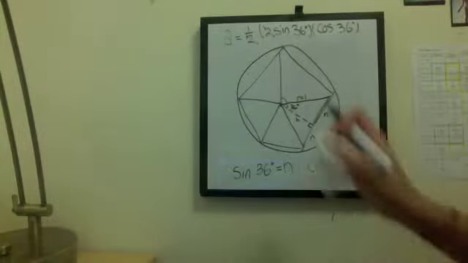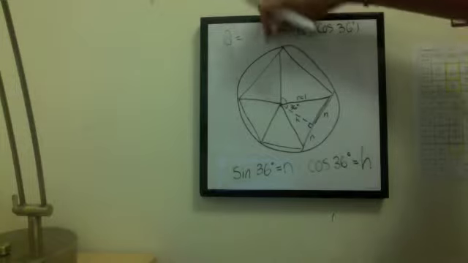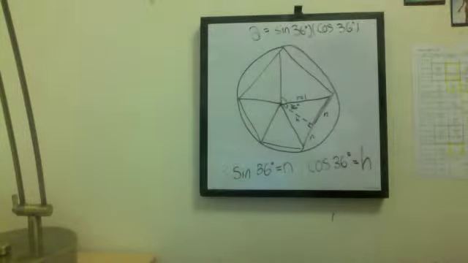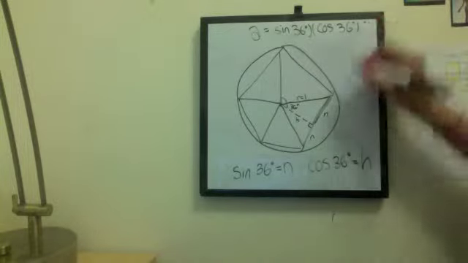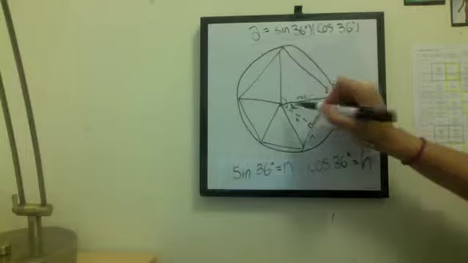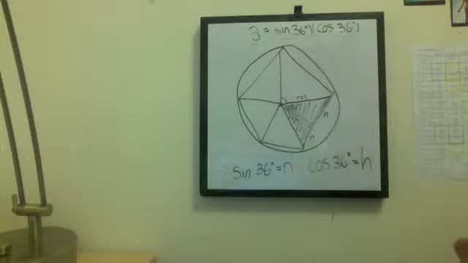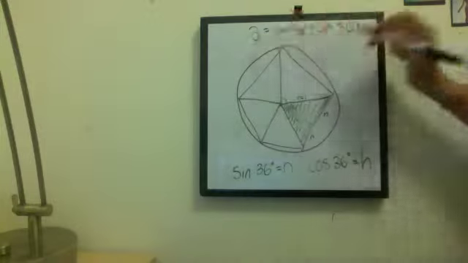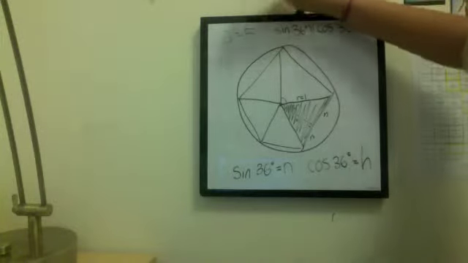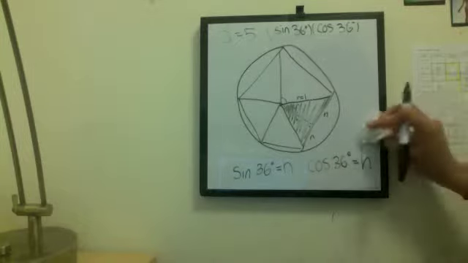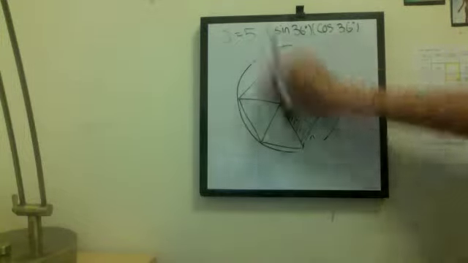And so 1/2 and 2 cancel out, and the area of one of these 5 triangles is sine 36 cosine 36. Since we're trying to solve the area of the entire pentagon, we need to multiply the area of the triangle by 5. And so the area of the entire pentagon is 5 sine 36 cosine 36.